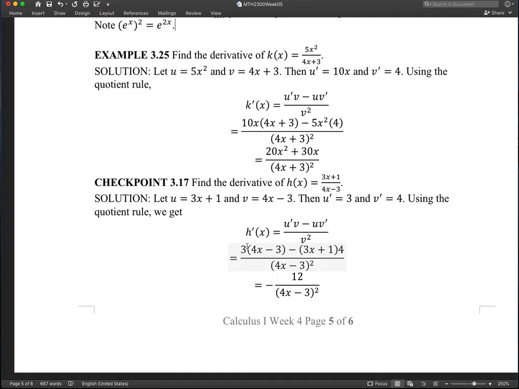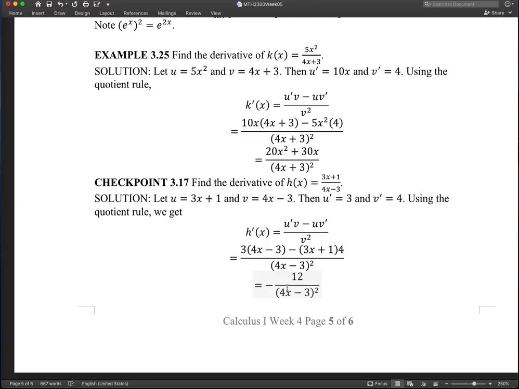Usually for the denominator, for this type of problem, you want to keep the denominator as it is, unless there are common factors for the numerator and denominator, then you simplify. Otherwise, especially you want to keep the denominator as something squared. So in the end, for this particular one, 3.17, I have the answer like such.